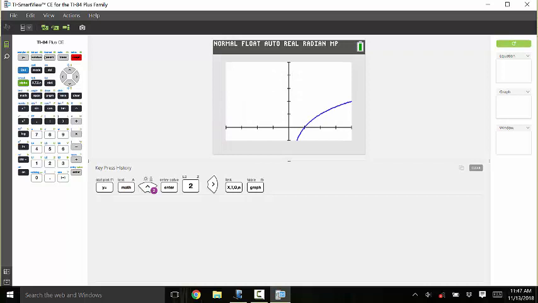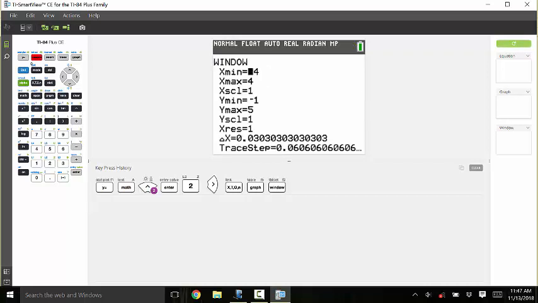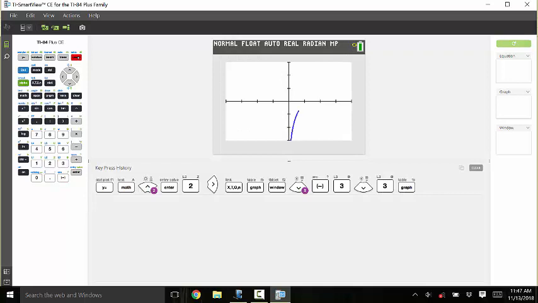I'm going to hit my window and go from -3 to 3 on my y's. I have the point 1/2, -1, 1, 0, and 2, 1. Those were the 3 points I found by hand, right?